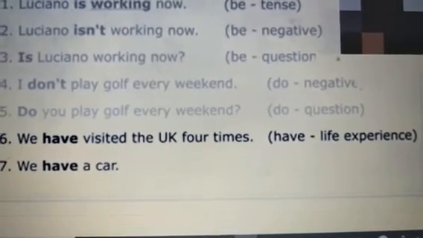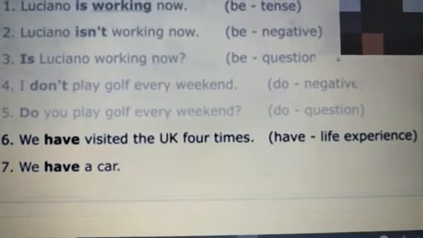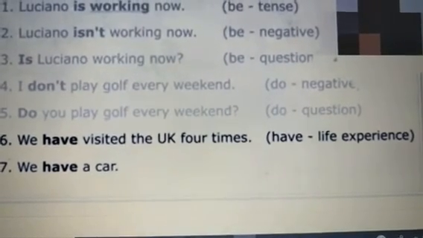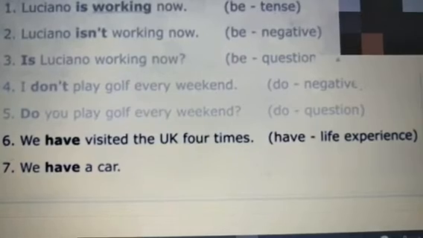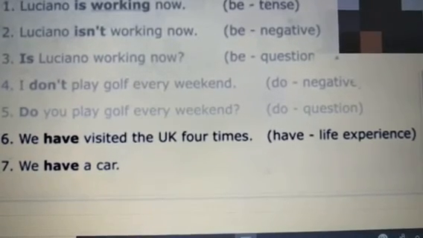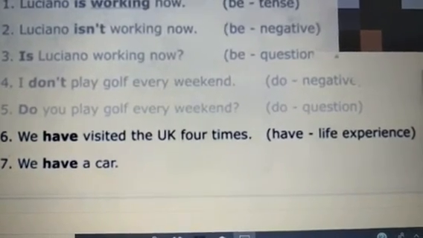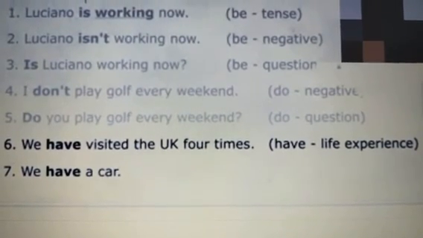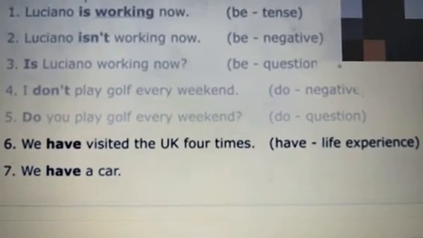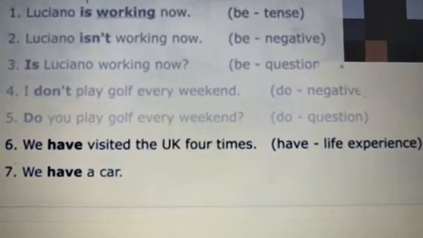Now you might be thinking, how's that possible? Because have is a helping verb, right? True, but in some cases be, do and have can be used as main verbs. Now in this sentence, have is used to mean own. We own a car is what I'm saying. We have a car, we own a car. So in some cases these can be used as main verbs, but most of the time they are used as helping verbs.